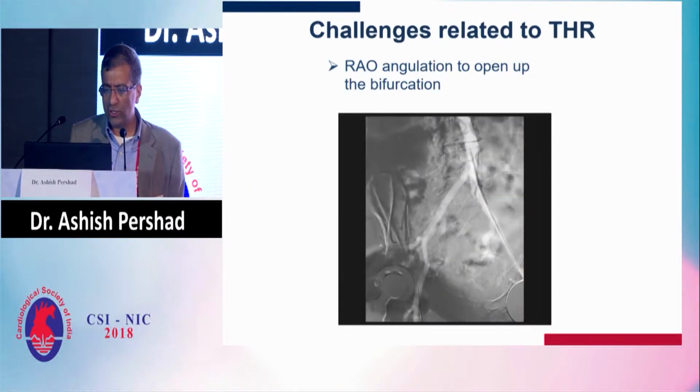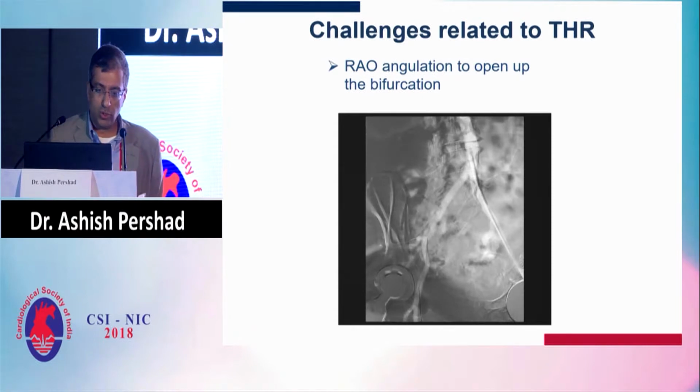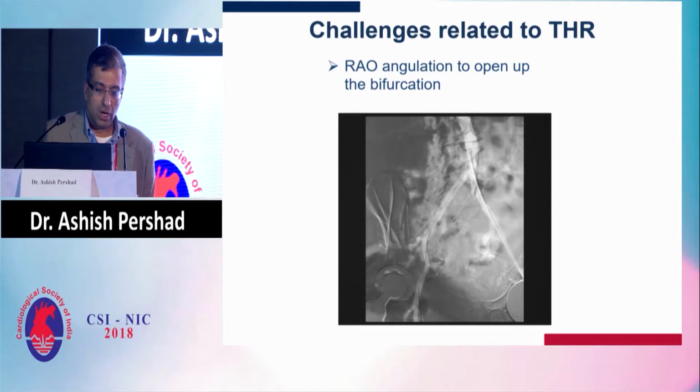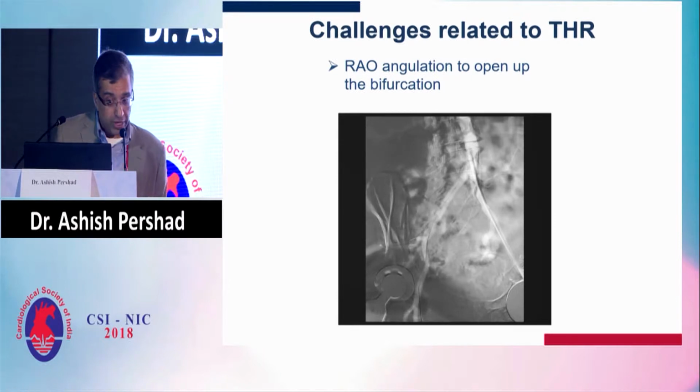Sometimes patients have artificial hips, and those can sometimes come in the way of your angulation. So take that steep RAO shot to be able to separate out the SFA, common femoral bifurcation, to ensure that at any given time you're above it, or you could get into trouble.